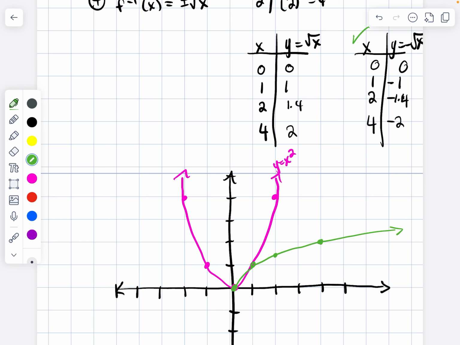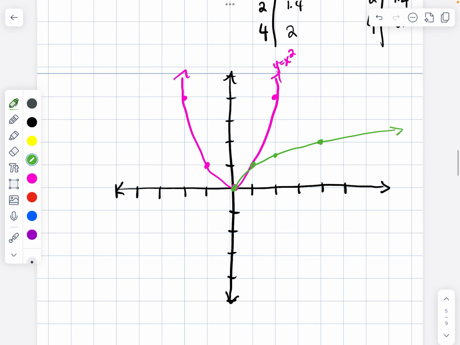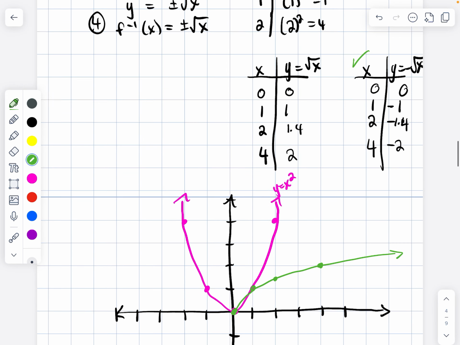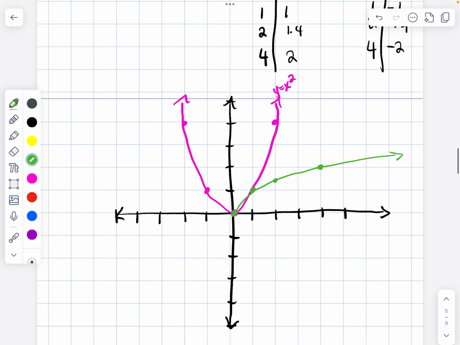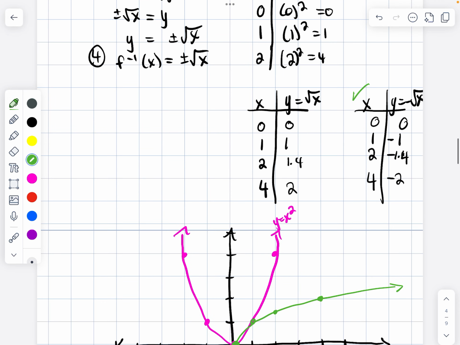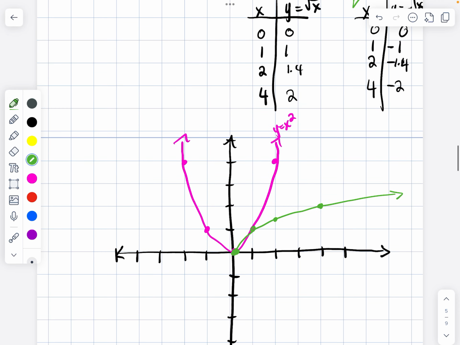The y equals negative square root of x. So that's going to be the 0, 0, 1, negative 1, 2, negative 1.4, and 4, negative 2. So we start at 0, 0, right? And then we have 1, negative 1. Then we have 2, negative 1.4.